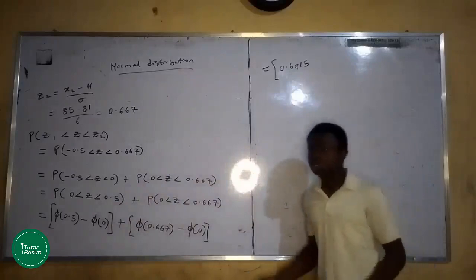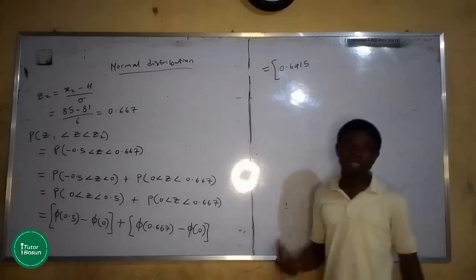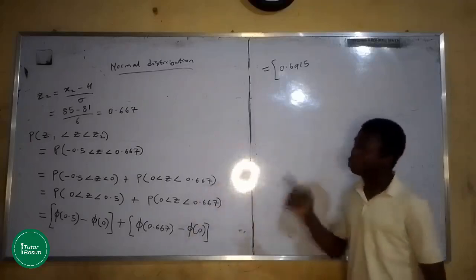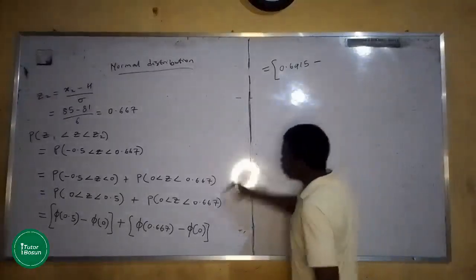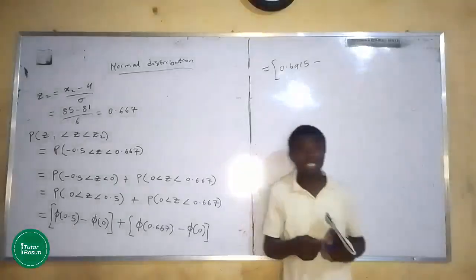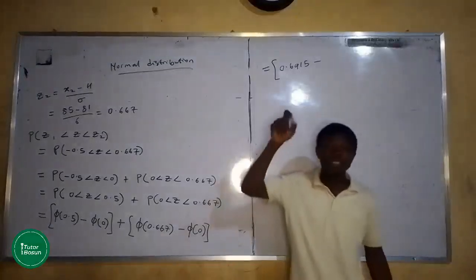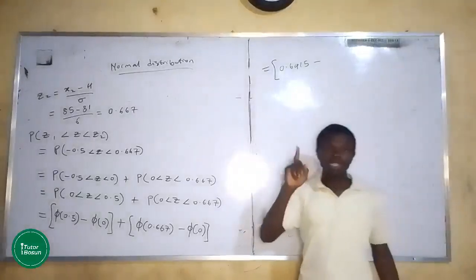When you are less busy, you can also practice with the statistical table. You can check to understand how to check your normal distribution table correctly. Don't forget to have your phi zero, and as you can see from the statistical table, your phi zero is the first number in the statistical table.